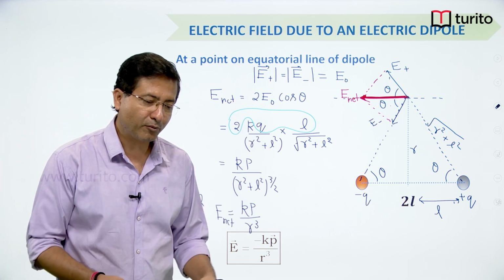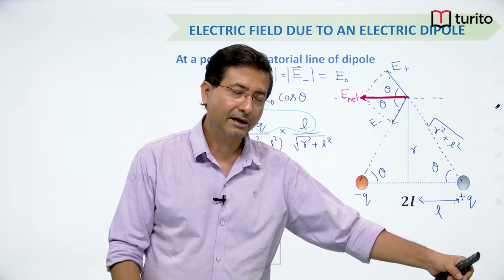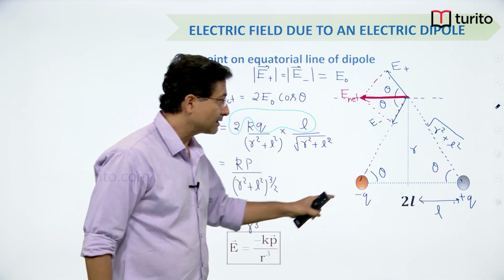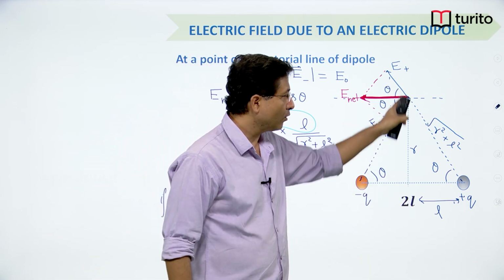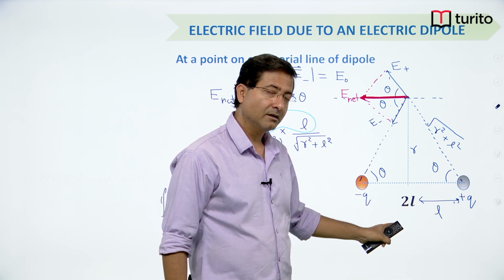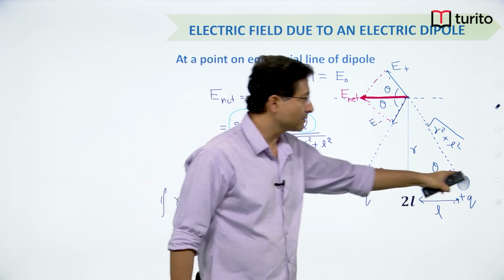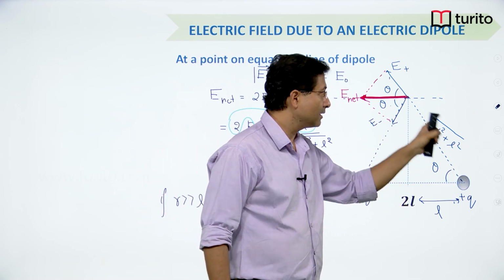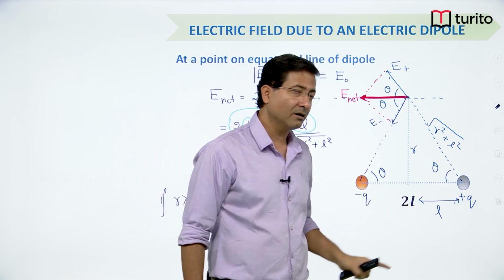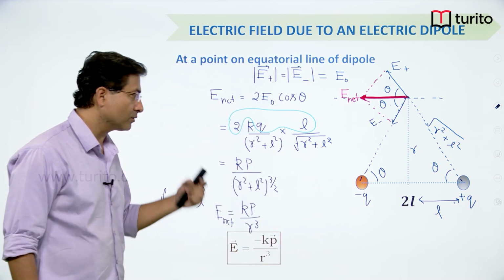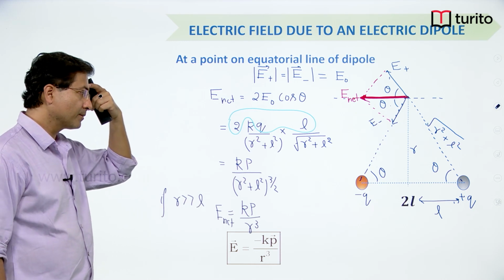So for any point on the axis at distance r, it is 2 times as that of at the same distance on the bisector, right. So magnitude of field at any point on the axis is 2 times as compared to what we are getting on the bisector, only magnitude wise. Direction you can find out from the expression, right.